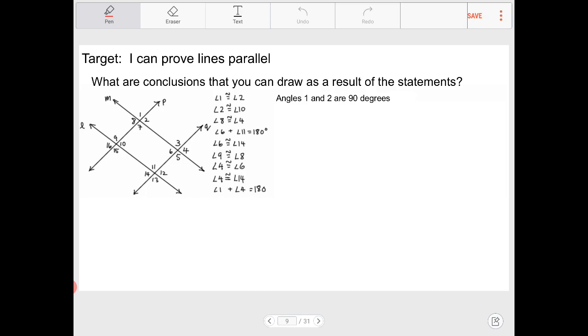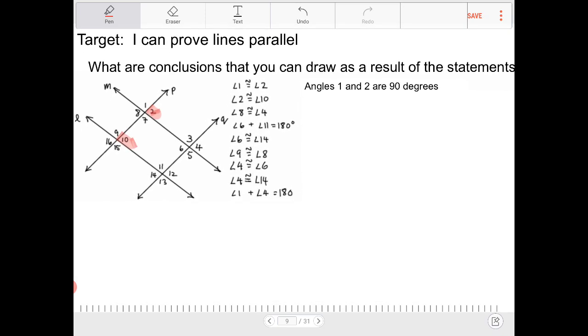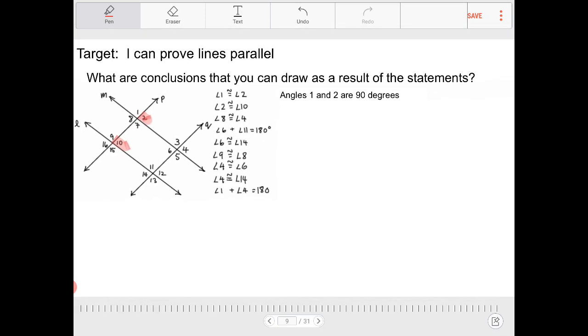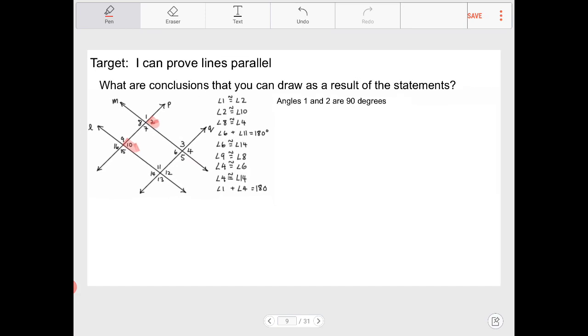Angle 2 and angle 10 are congruent. I understand that those are corresponding angles. Corresponding angles formed by which pair of lines and which transversal? They're formed by the pair of lines L and M cut by transversal P. I can then conclude that line L and line M are parallel, because corresponding angles congruent, converse.